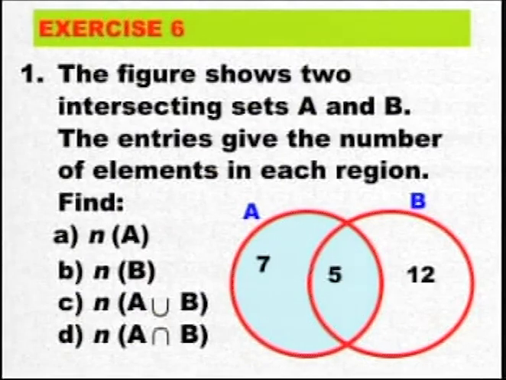That's 12. Number of elements in B, that's 17. Or did you do C? Okay. A intersection B will be 5, and the number of elements in the set A union B will be 24.